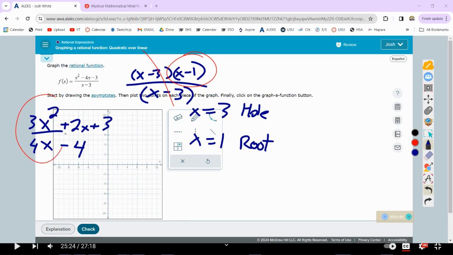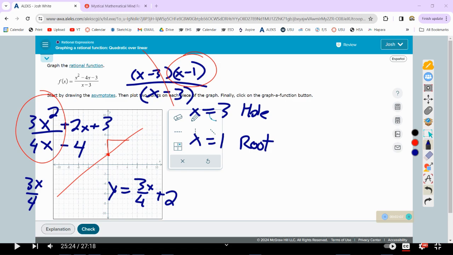And if we divide these, I get 3x over 4. And that's sort of like the slope of a slope-intercept equation. So if I had y equals 3x over 4 plus 2, this line would be at 2, and it would have a slope of up 3 over 4. So it would look like that.